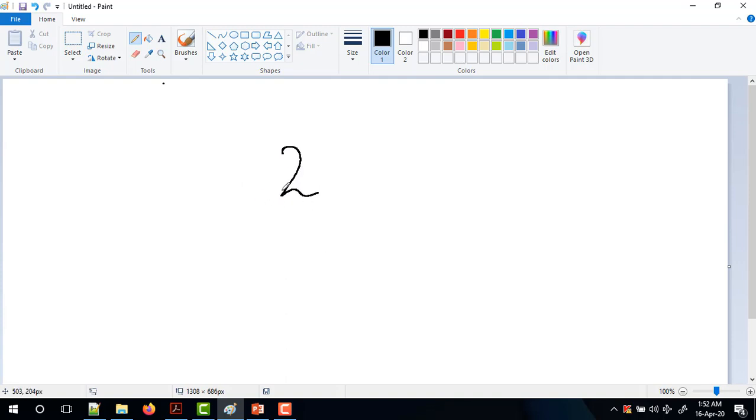It's a numeric digit, it's 2, right? I hope you are familiar with it. It is 2. But there are a few things which are implicit or hidden in this digit. Nobody usually writes them. What are those things?